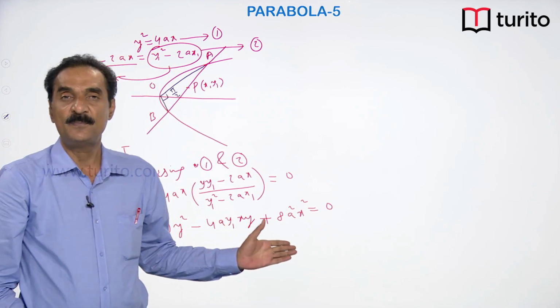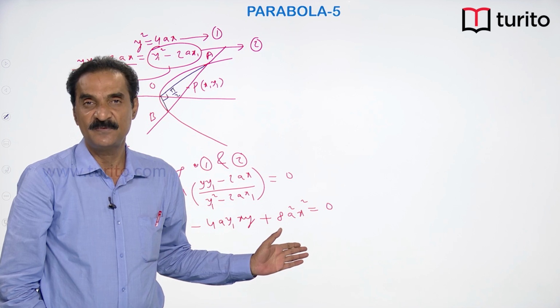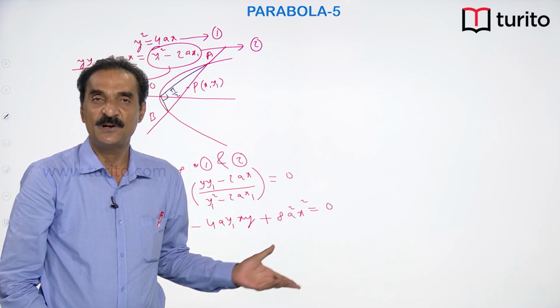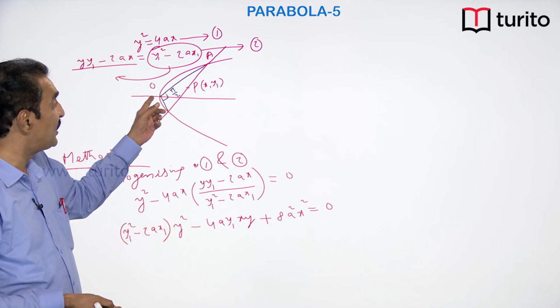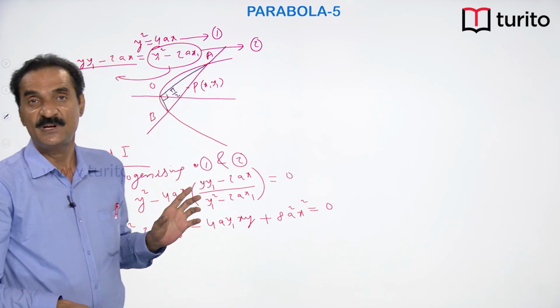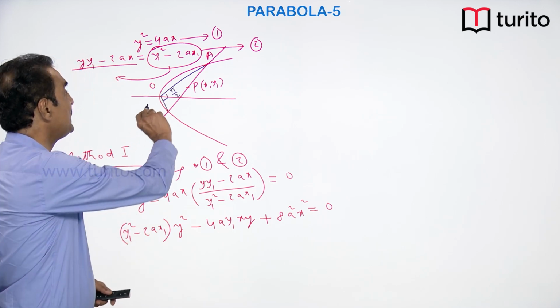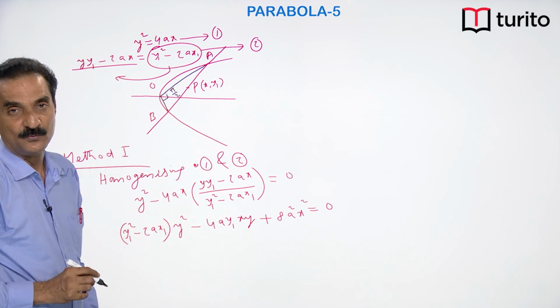This equation is in the form of ax square plus 2hxy plus by square is equal to 0, which is a pair of lines through the origin. This is the pair of lines joining the origin and the points of intersection A and B, and the angle between this pair of lines is pi by 2.